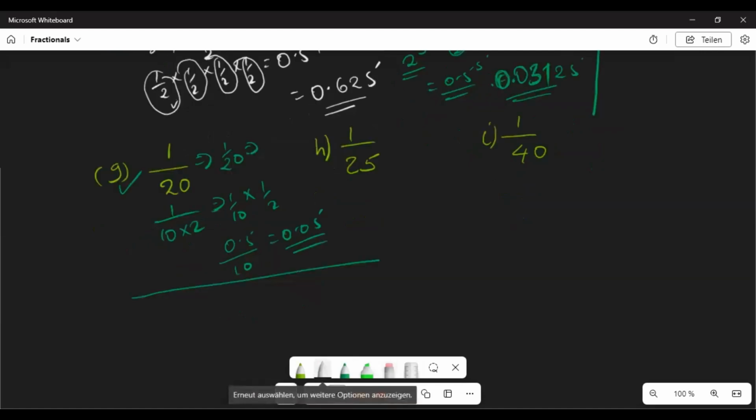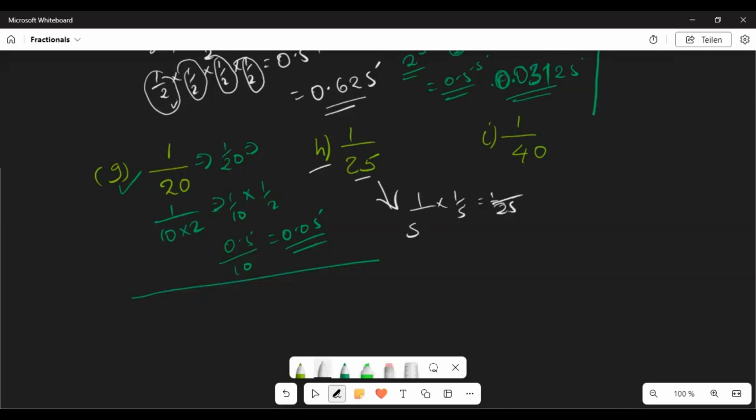Let's look at H, where we have 1 over 25. This one is equivalent to saying 1 over 5 times 1 over 5, because that will give us 1 over 25.